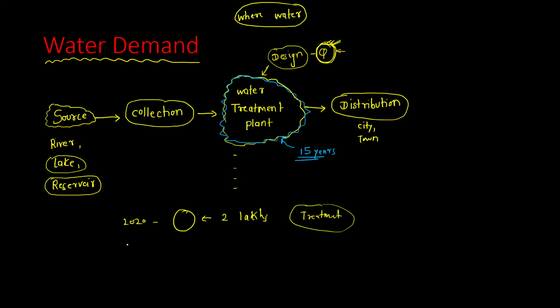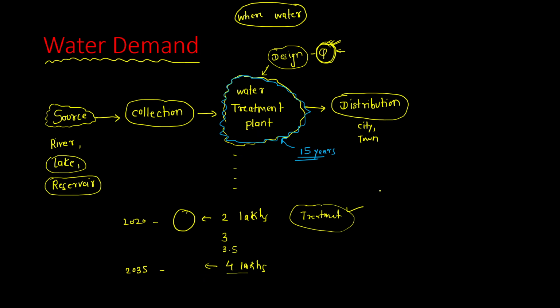So let's say after 15 years means 2035, and the population here then is 4 lakhs. Now you can see that for our water treatment plant to properly satisfy all the needs, it should satisfy the water demand of 3 lakh population, of 3.5 lakh population, and also of 4 lakh population. I hope you are getting the point.